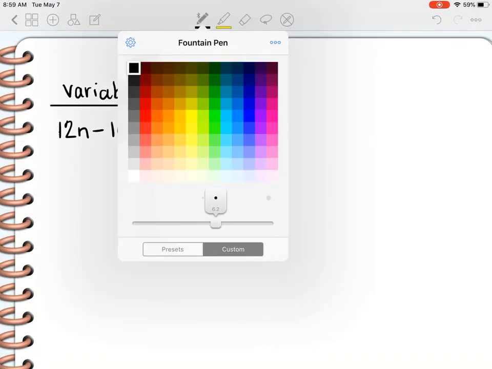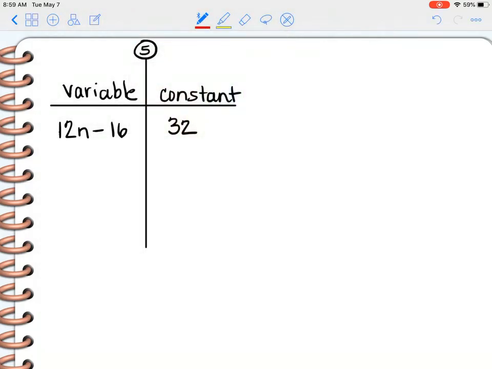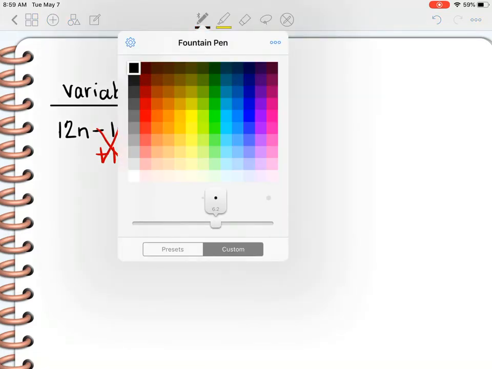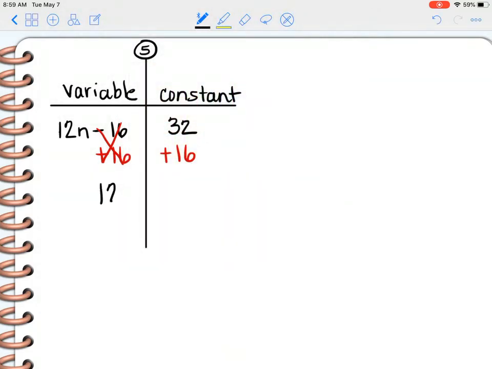Okay, so we need to move the 16. So let's add 16 to both sides and cancel. So we're left with 12n and then 48 on this side. Divide out the coefficient. And we're left with the variable n equals 4. And that is the solution.